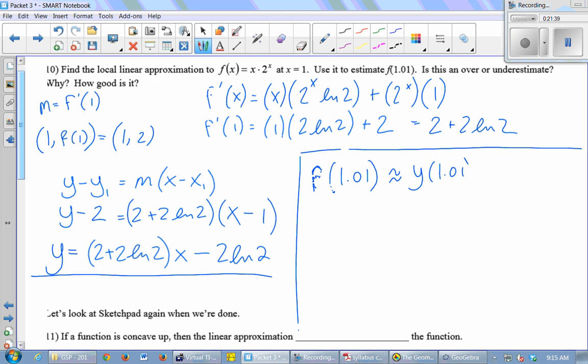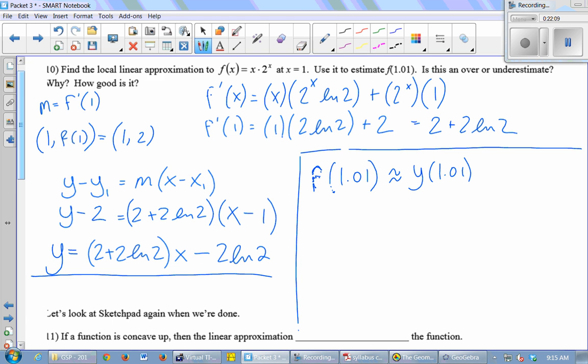And I'm just calling the tangent line y. Right? Why do I know that those will be approximately equal? Yeah, because my point of tangency was at 1, and 1.01 is pretty close to the point of tangency, so I know that the tangent line will be a decent approximation. You have to be near the point of tangency for the approximation to be true.